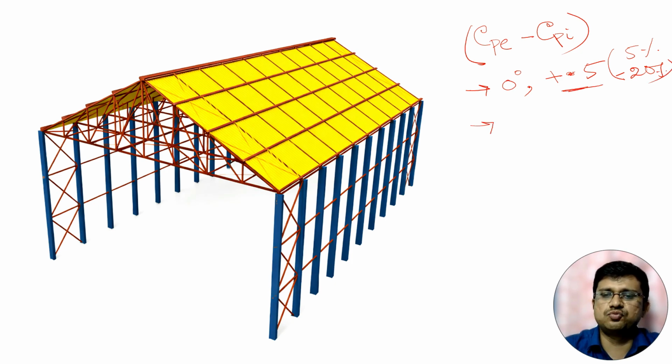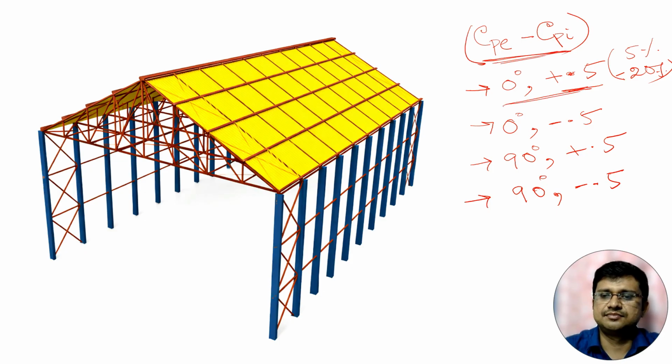Another case is wind angle 0 degree, CPI is minus 0.5. Another case is wind angle 90 degree, CPI plus 0.5. Another case is wind angle 90 degree, CPI minus 0.5. So these 4 are different cases, and for all these cases, for different zones, we have calculated the value of Cp minus Cpi.